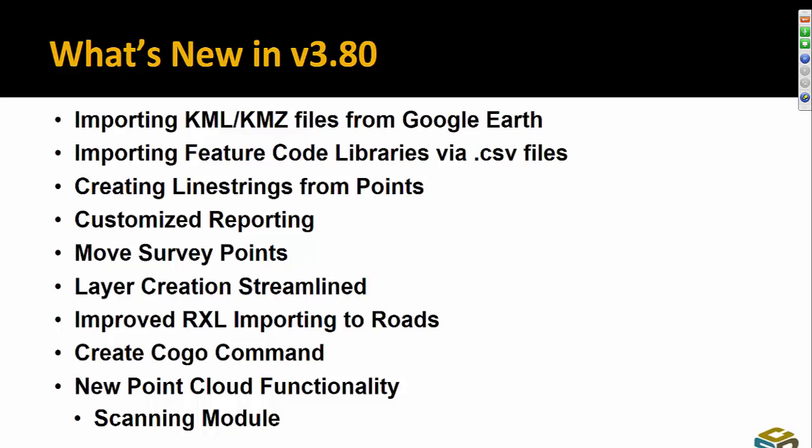Most of the time it was necessary to create them from scratch, and they've slowly been adding some of that functionality. If you're familiar with the GIS module, a couple of versions ago they added the ability to create a feature code library straight from a GIS schema that's stored in a geodatabase. And now, with 3.80, they've added the ability to import feature code libraries via CSV files.